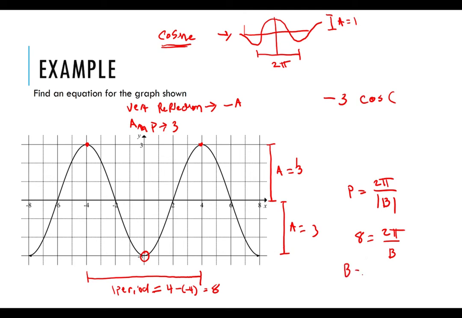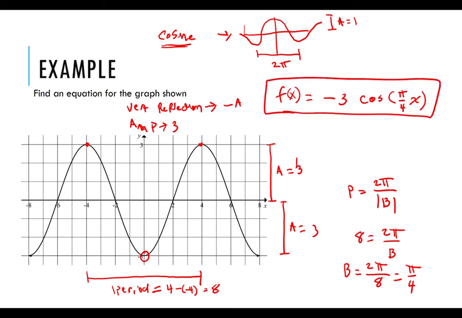That gives me that b is equal to 2 pi divided by 8, which simplifies to pi fourths. So now I have that b is pi fourths, and so cosine of pi fourths times x is the function that I want. And so f of x, or y, is equal to this.